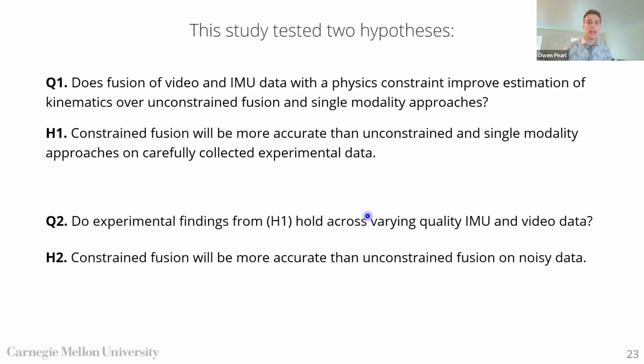And once we assessed that and did the benchmarking, the next question was, if we have varying qualities of IMU and video data, how does that change how these techniques perform with respect to each other? Does having worse or better IMU or key point data change their performance?